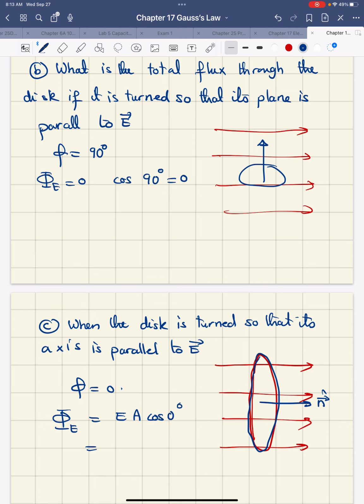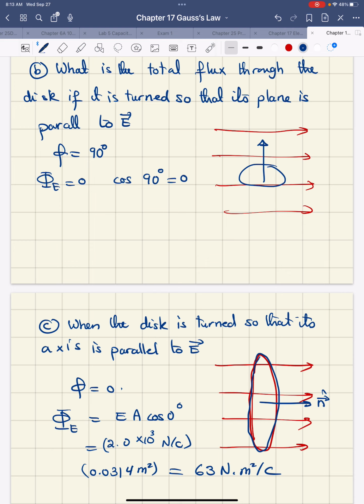And this is the maximum flux, and that is going to be 2 times 10 to the 3 times the area. That is the maximum flux that we can get for this case.